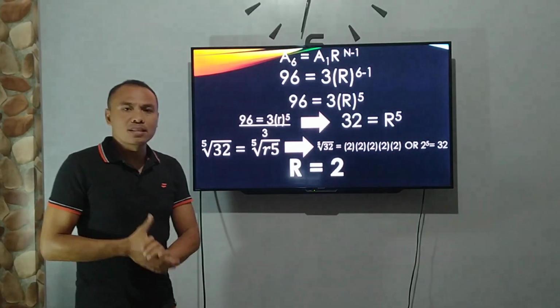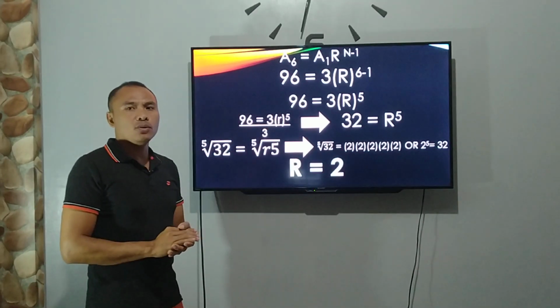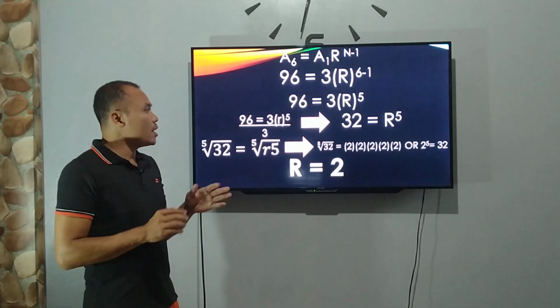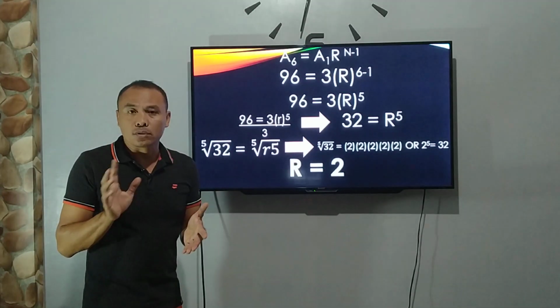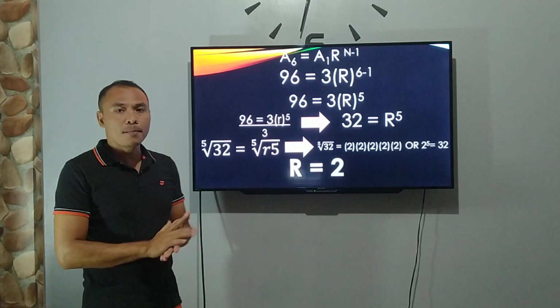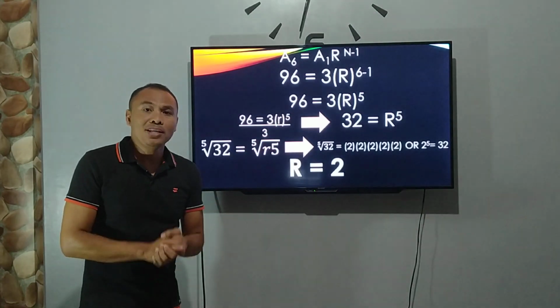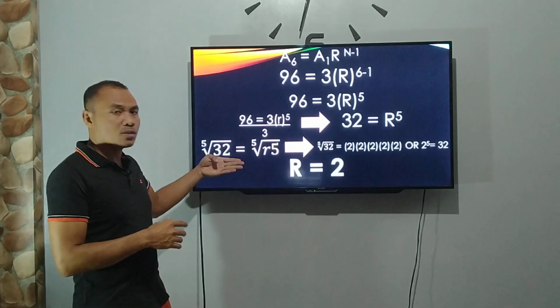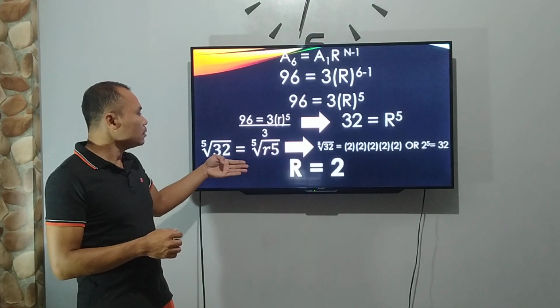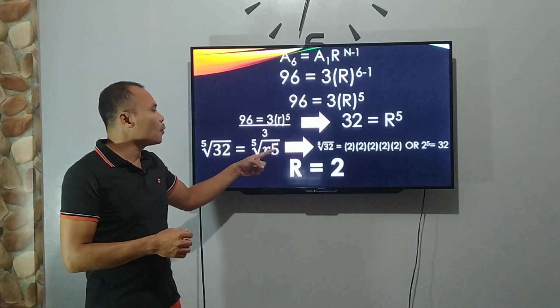Next, since we need to find the value of r, of course, we have to take the fifth root of both sides para matanggal yung 5 na exponent ng r at ang matira na lang ay si r. It looks this way. Bakit 5? Kasi ang exponent dito is 5.